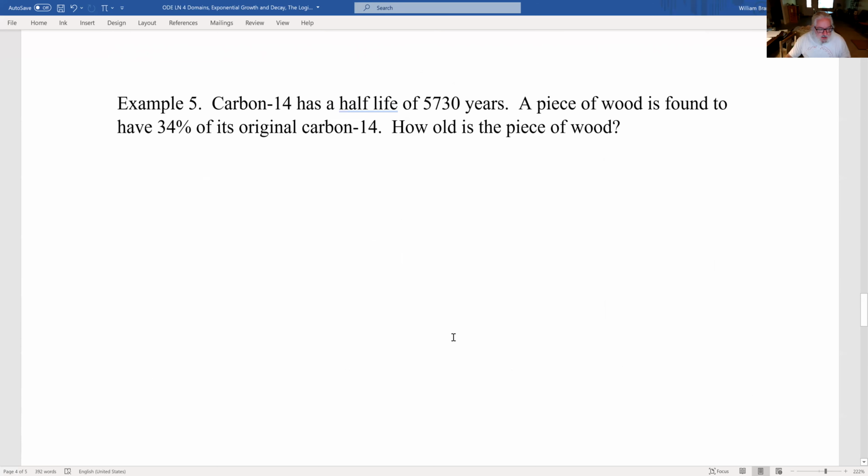Exponential decay, a classic example of this is carbon-14. So exponential decay means that you lose a certain percentage of how much you have per year.